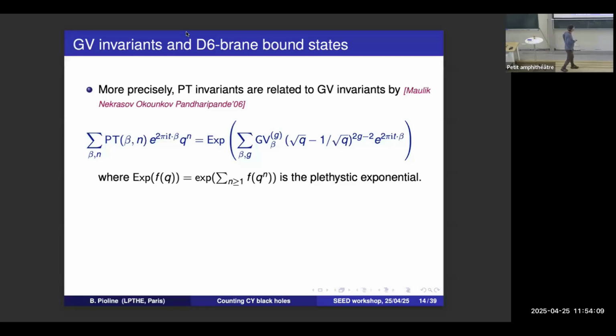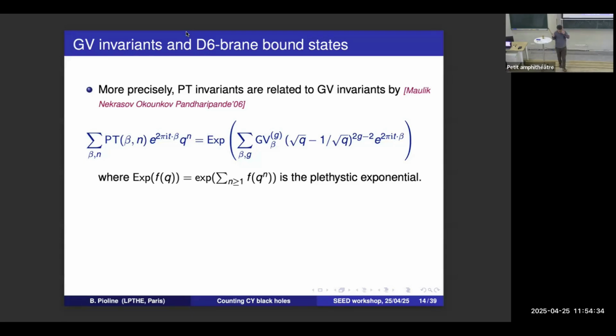And in fact, there is a general expectation that this counting of stable pairs should be entirely determined by the counting of D2, D0 bound states, or Gopakumar-Vafa invariants. This was proposed by Maulik, Nekrasov, Okounkov, Pandharipande, and then proven in some variety of examples.